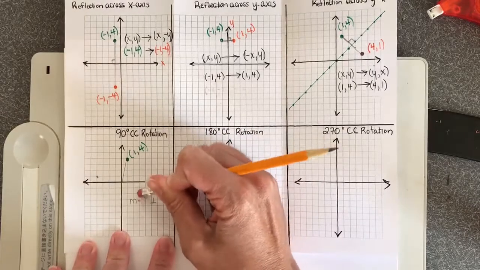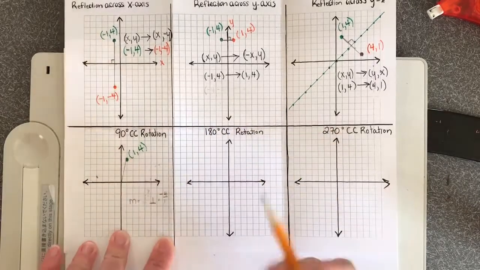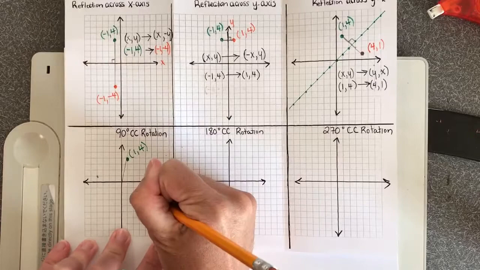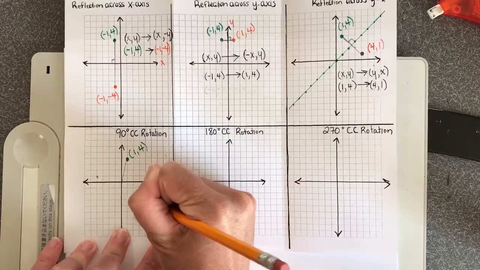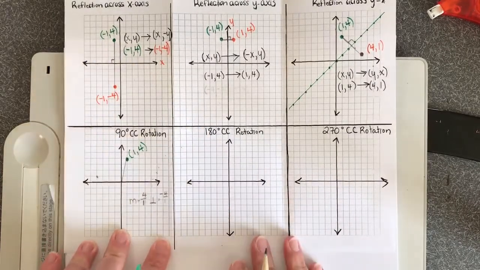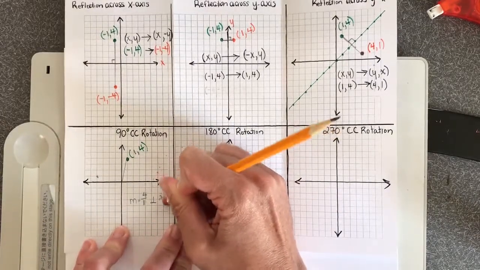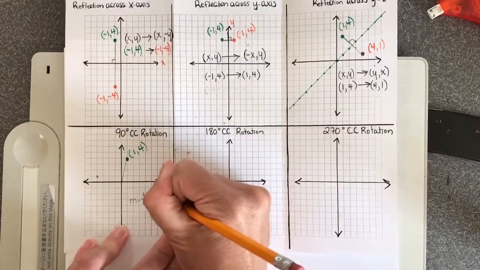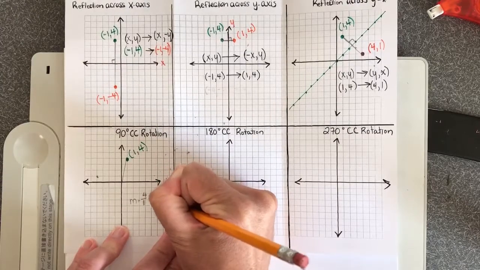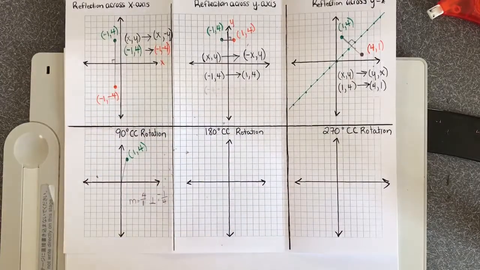Sorry, I wrote it backwards. Did anybody notice that? I have a slope of 4/1, rise of 4, right 1. Flip that, so my perpendicular is going to be -1/4. All right, got to get it right, Miss Green.